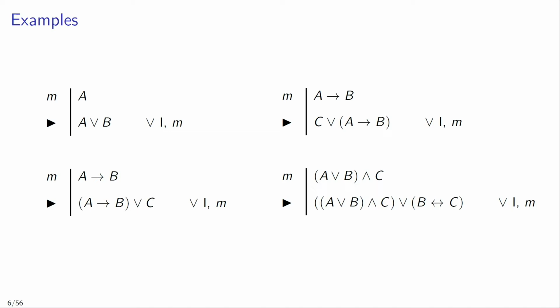To start, in the top left corner, suppose that in line M of your proof, you have the sentence A. You can then infer a disjunction A or B, where A is one of the 2 disjuncts, and justify this inference by citing disjunction introduction and line M. To give you a second example, suppose that in line M you have a conditional, if A then B. You can then infer a disjunction, if A then B or C, and justify this inference by citing disjunction introduction and line M.